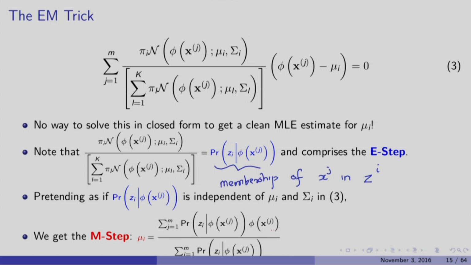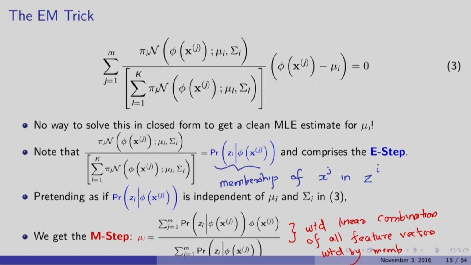Using this membership, we then estimate the weighted linear combination of all feature vectors, across all points, weighted by membership of the point in Zi.